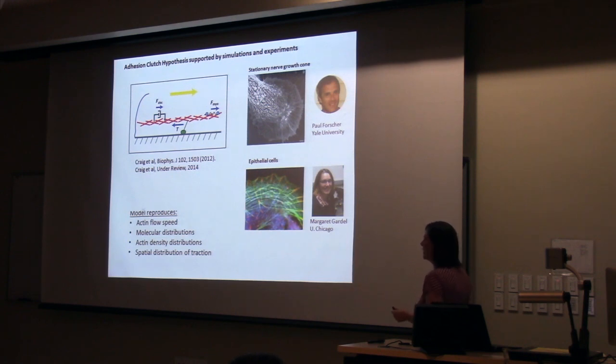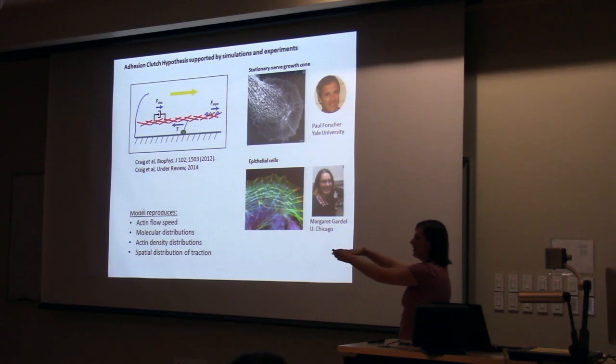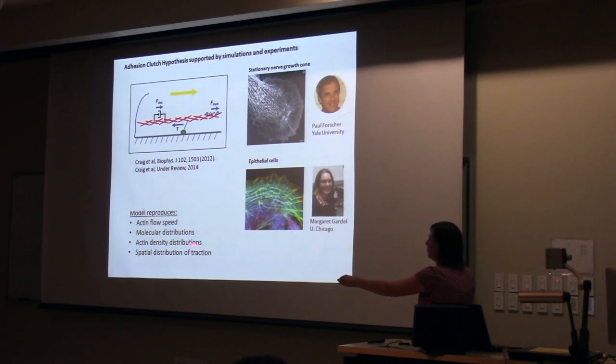So some of the things that we were able to reproduce is the actin flow speed, when this actin network is moving in the frame of reference of the cell away from the leading edge. We were able to predict molecular distributions of things like myosin molecules that are embedded within the network and distributions of adhesion molecules. We were also able to accurately predict actin density distributions and spatial distributions of the traction.